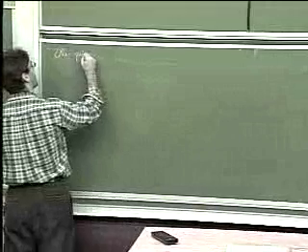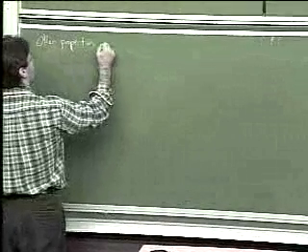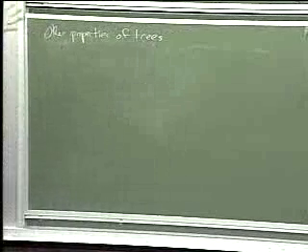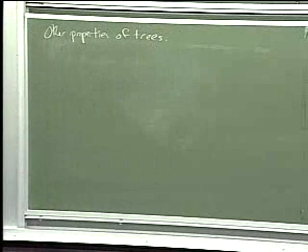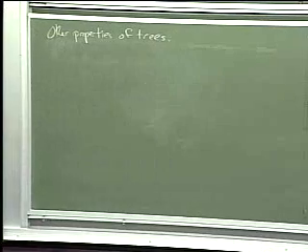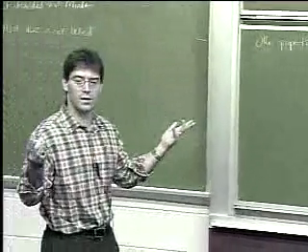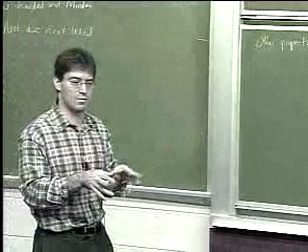Okay, other properties of trees. Can you get why it's called a tree? It kind of looks like a tree, because you can imagine there's some node that's the center, or the root, and then it just branches out, like trees branch out.